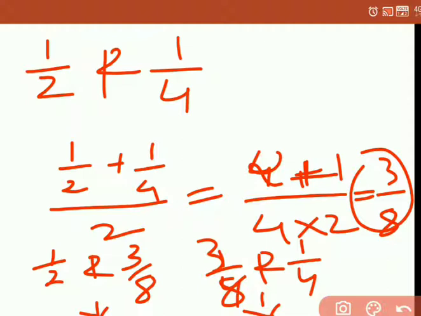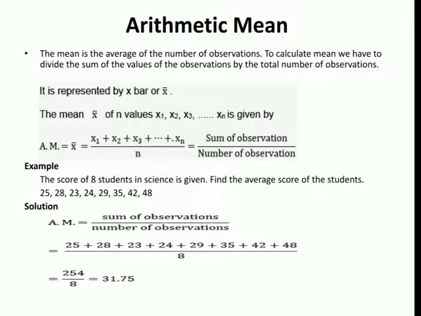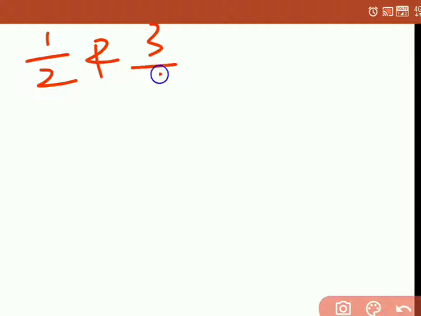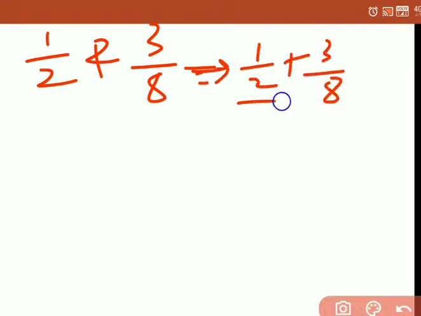Correct. So if I say 1 upon 2 and 3 upon 8, the middle number of 1 upon 2 and 3 upon 8, again, what do we need to do? 1 upon 2 plus 3 upon 8, upon 2.